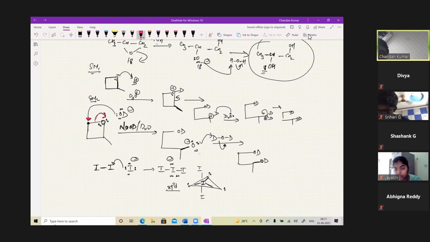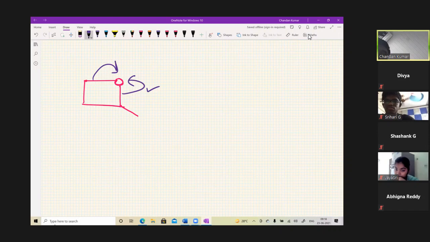Now you have two options: either break from this side or break from this side. It will break from this side only when it is in acidic media, where a carbocation can be formed. This carbocation will be stable. But when you are breaking it with a base, OH minus or OD minus, it will break from this side.